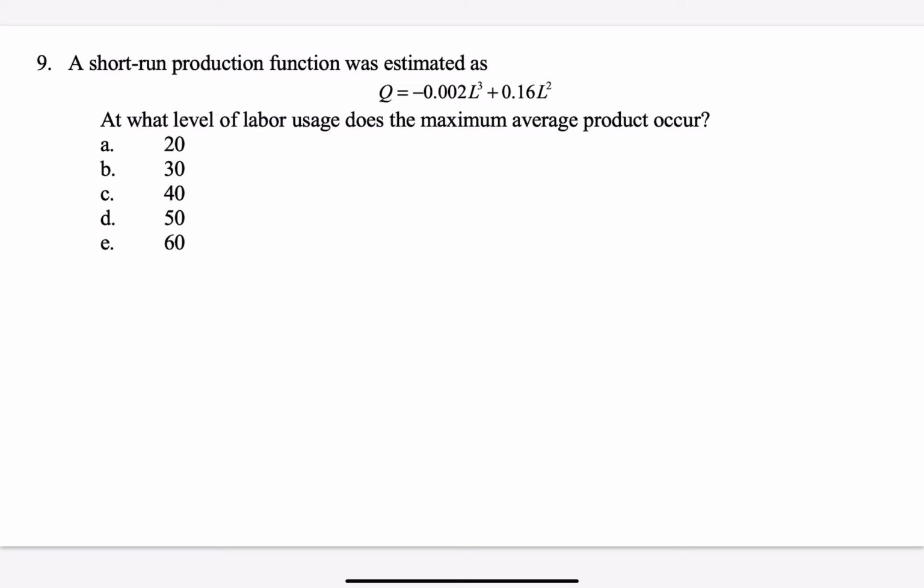Next one says a short run production function was estimated as Q equals negative 0.002L to the third plus 0.16L squared. At what level of labor usage does the maximum average product occur? So this is really asking, when does diminishing returns start?